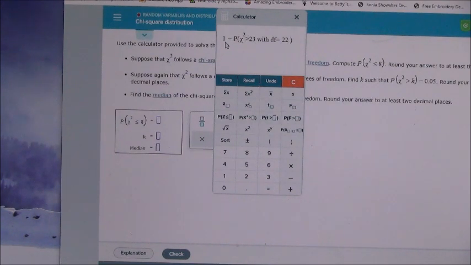So if I'm doing to the left of 23, I'm doing 1 minus that. If I hit equal, you can see I got the same answer, 0.598.